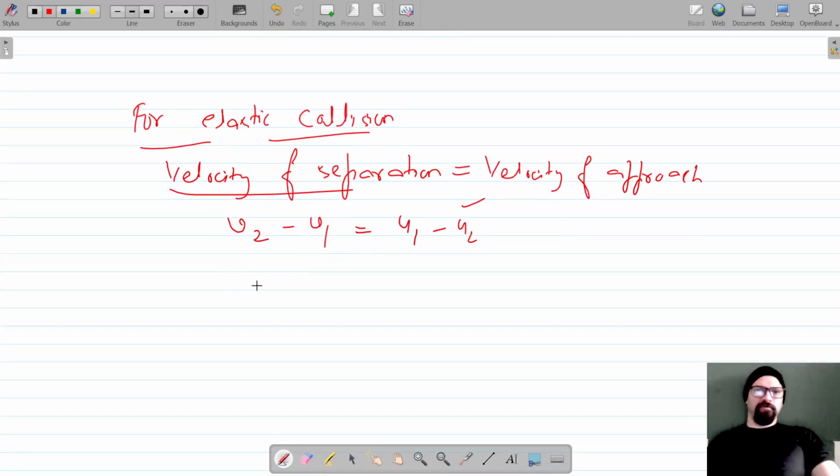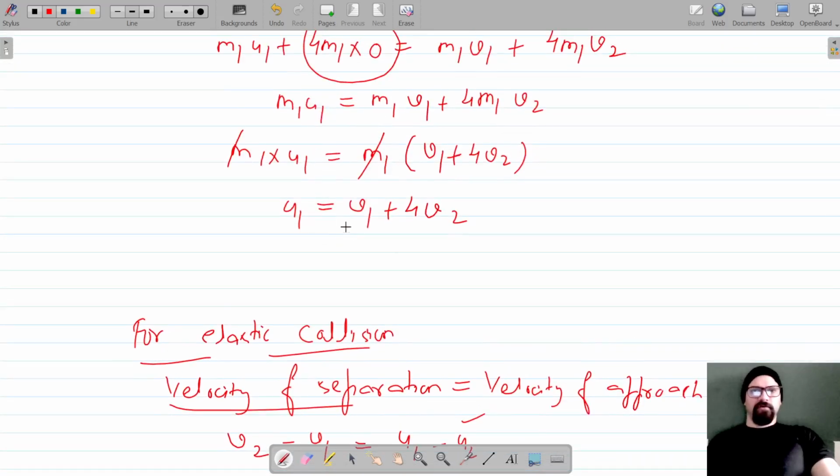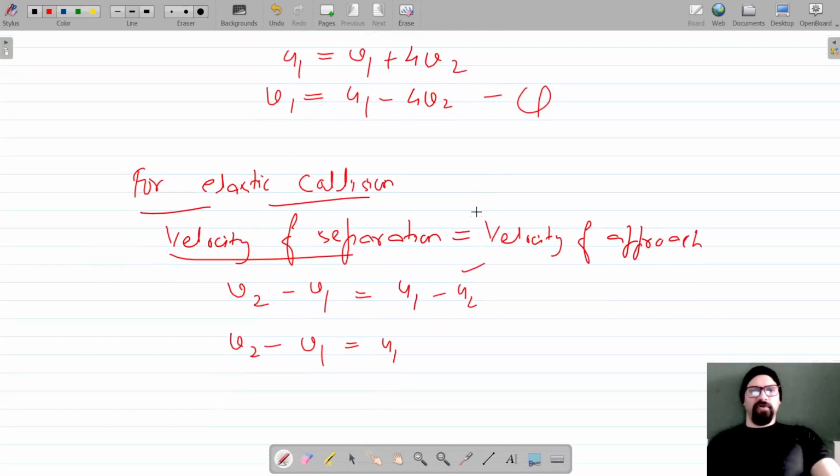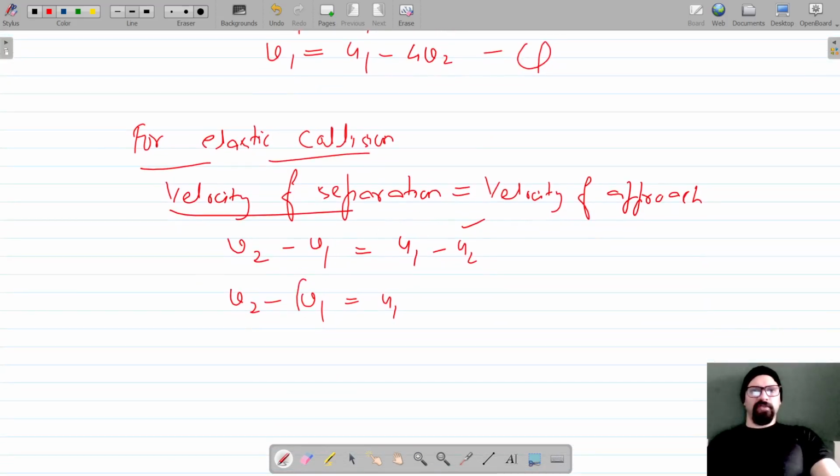So u2 is 0, so v2 minus v1 is equal to u1. Now let's get v1 from equation 1: v1 is equal to u1 minus 4 times v2.